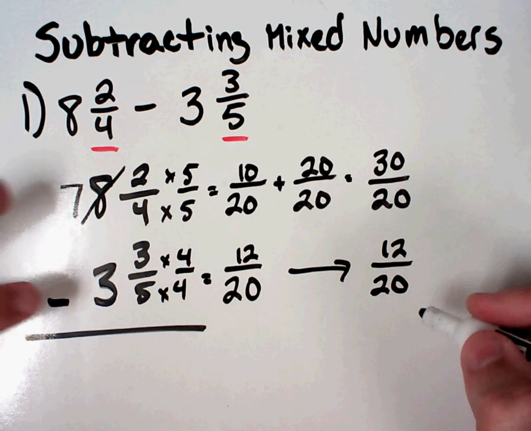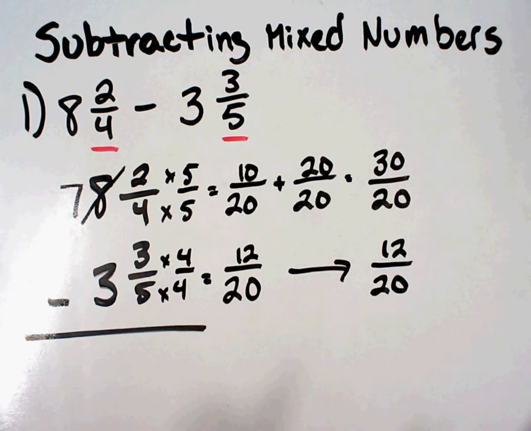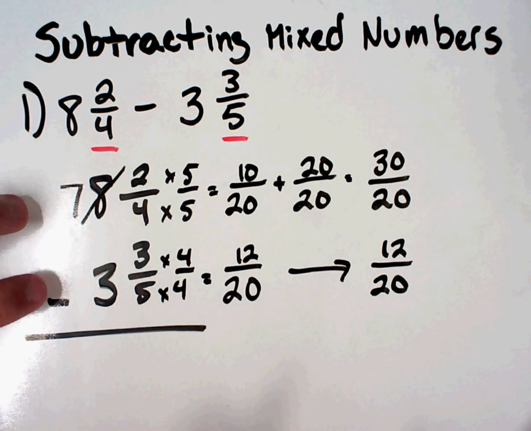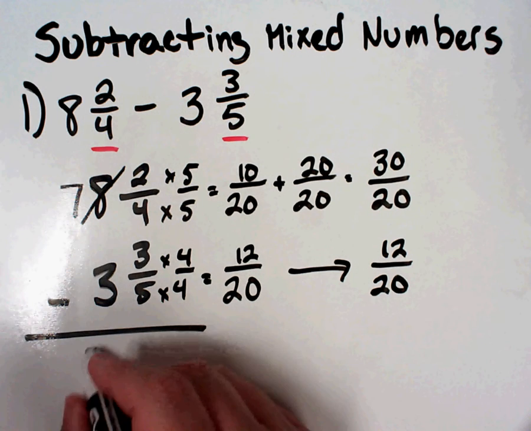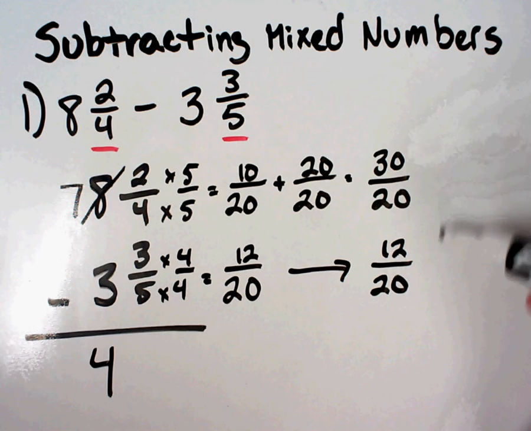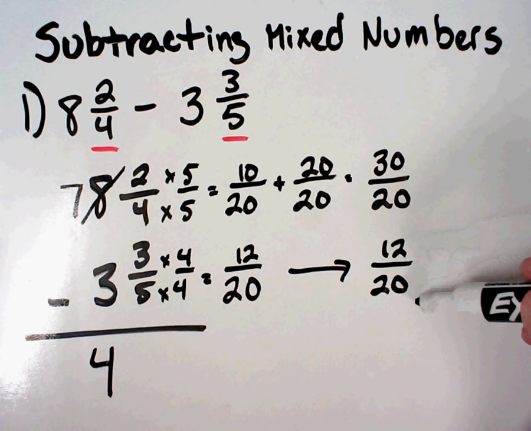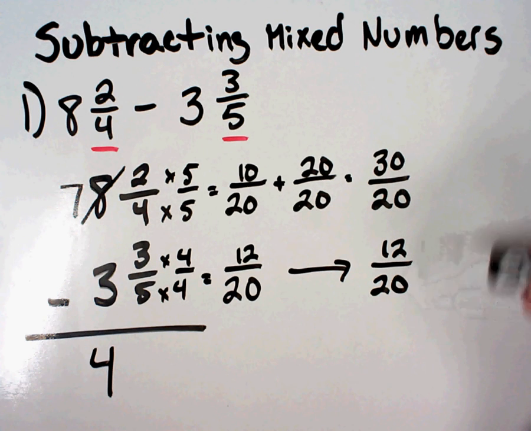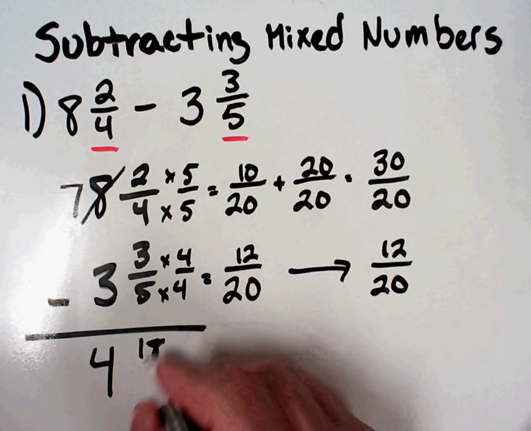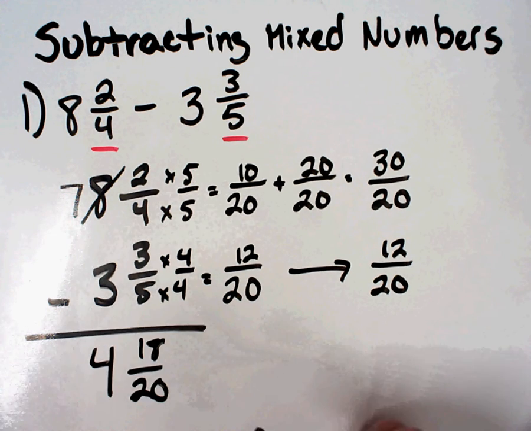I'm going to come back over here to the left, and I'm going to subtract my whole numbers. 7 minus 3 is going to give me 4. Then I'm going to subtract my two fractions. So we've got 30 20ths minus 12 20ths, and that's going to give me 18 over 20.